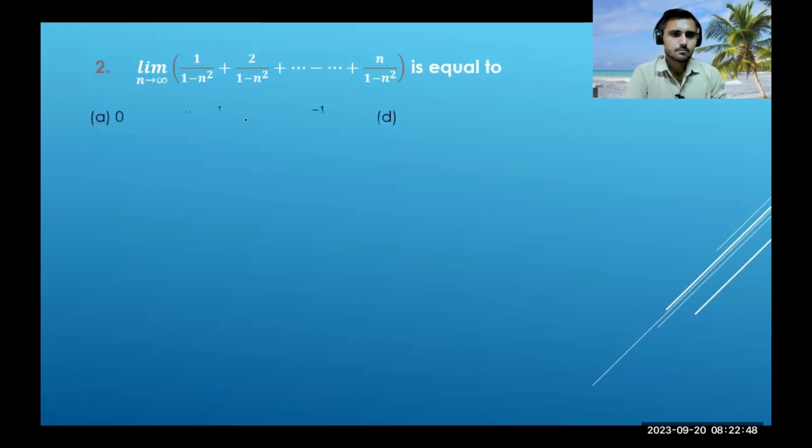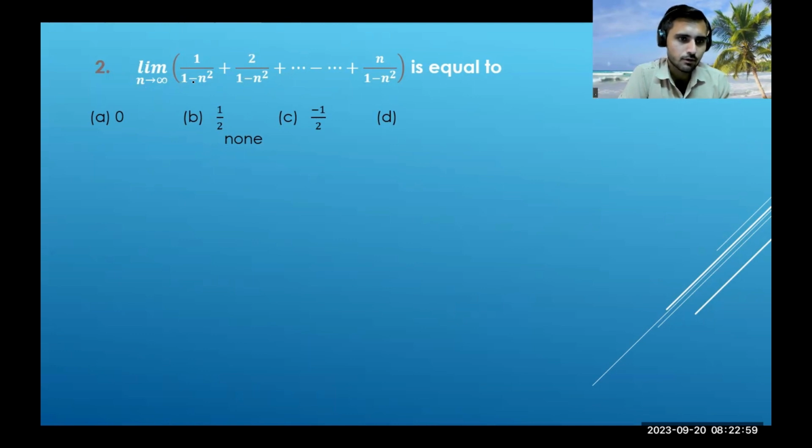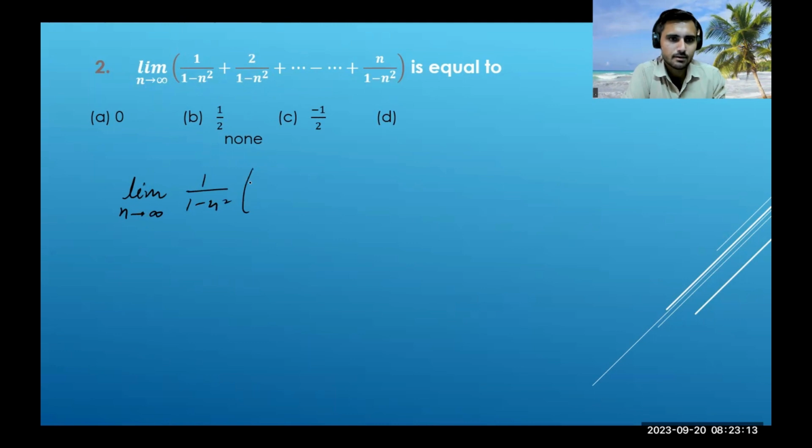Here we can see again limit n tends to infinity, but we'll see a common term here, 1 upon 1 minus n square. This is common, so we'll take it common first. Limit n tends to infinity, 1 upon 1 minus n square, and the remaining is 1 plus 2 plus 3 up to n.